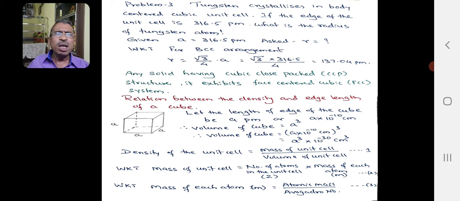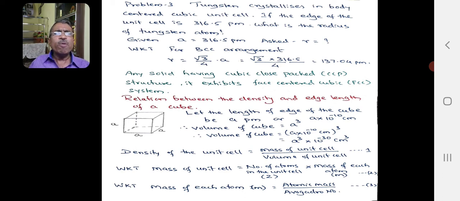Now coming to another important aspect, that is the relation between density and edge length of a cube. Let the length of the edge of the cube be a picometer, or we can also represent this as a into 10 raised to minus 10 centimeter.